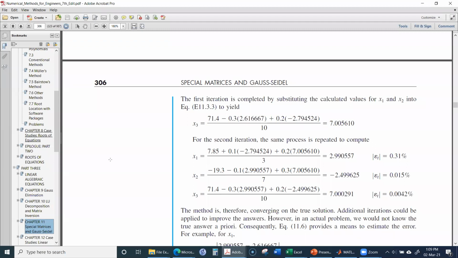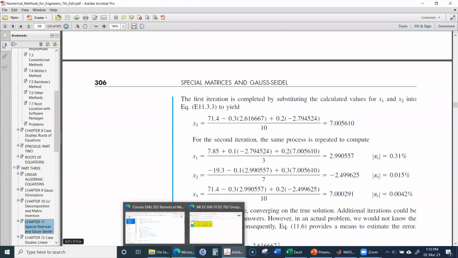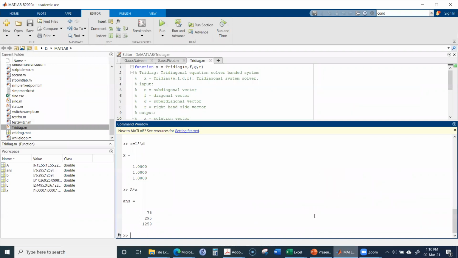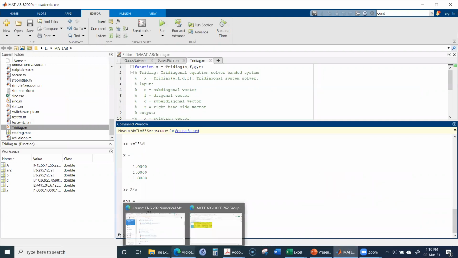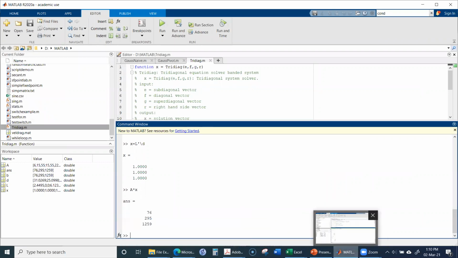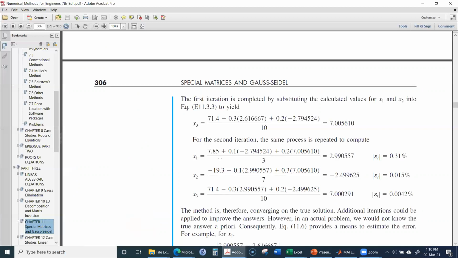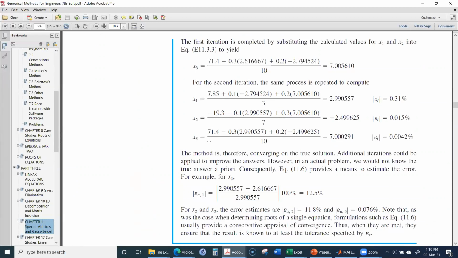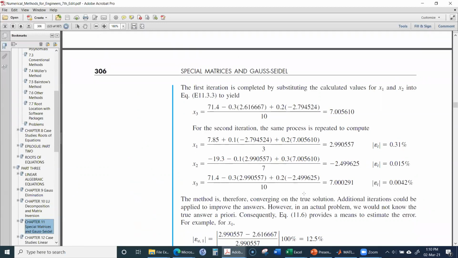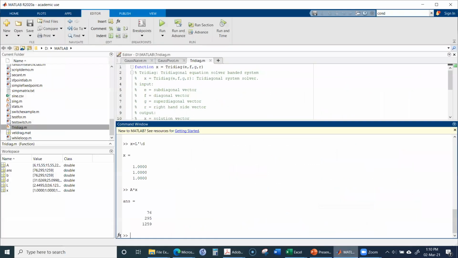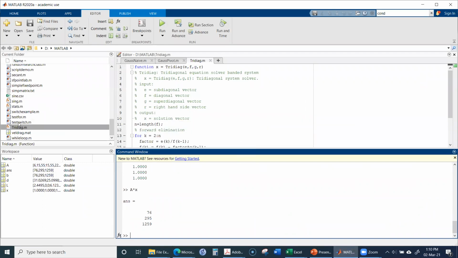Maybe you can develop your own script for the Gauss-Seidel method, because it is an iterative method, and it is actually the same method as the fixed point iteration method. So you can use the fixed point iteration script for the Gauss-Seidel as well.